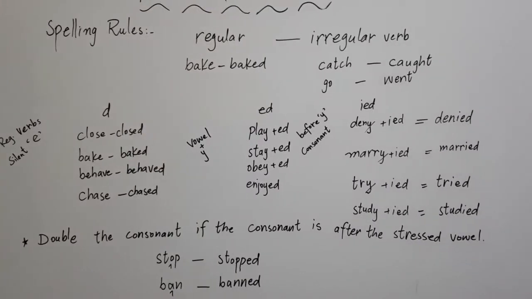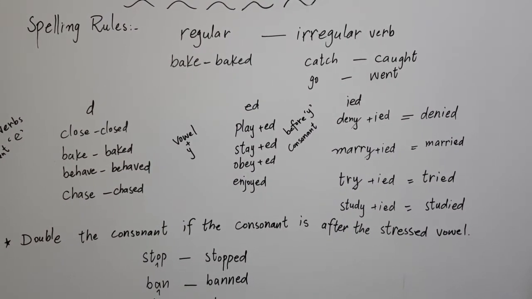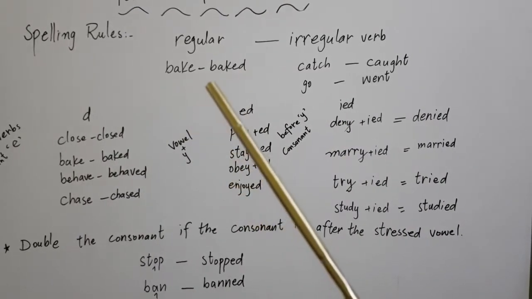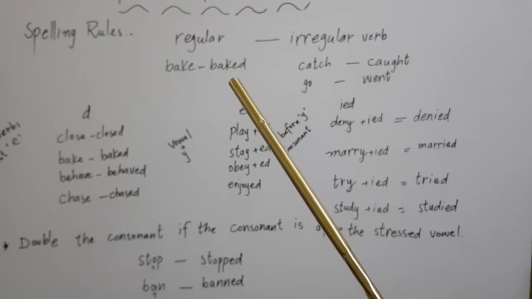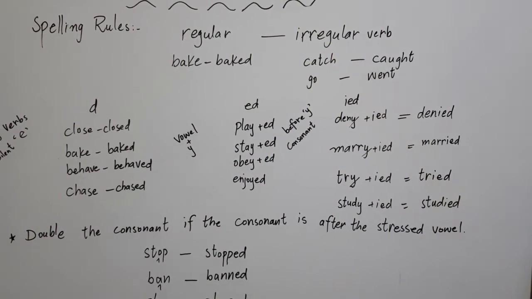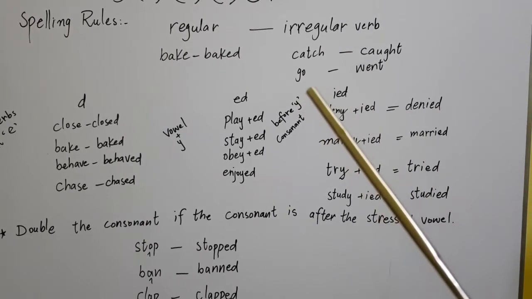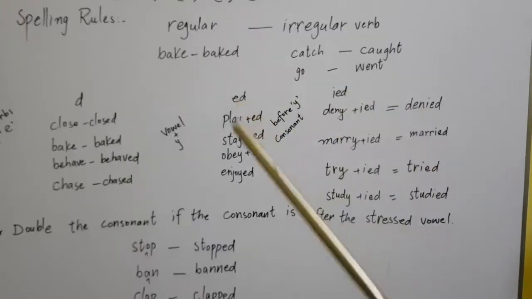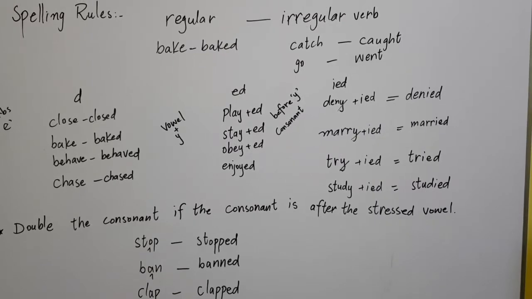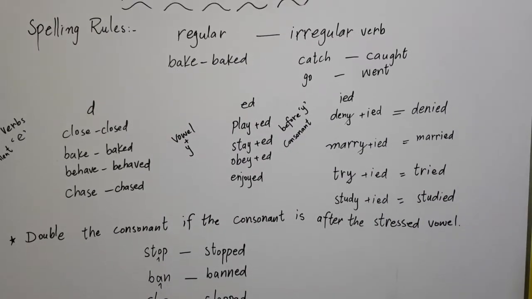Some of the verbs are regular and some are irregular. In regular verbs, we add only ed at the end of the base verb. But in irregular verbs, sometimes the verb changes a little, and sometimes it is completely changed. So to use regular and irregular verbs appropriately, you have to learn the regular and irregular forms of the verb.